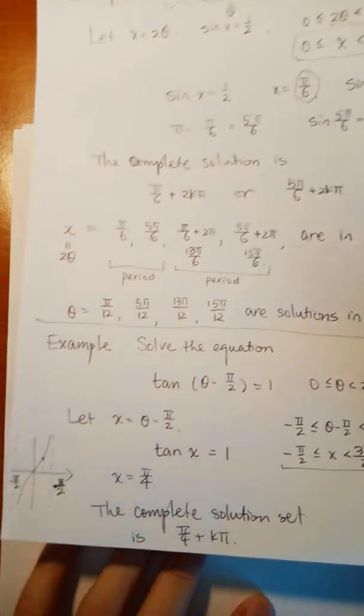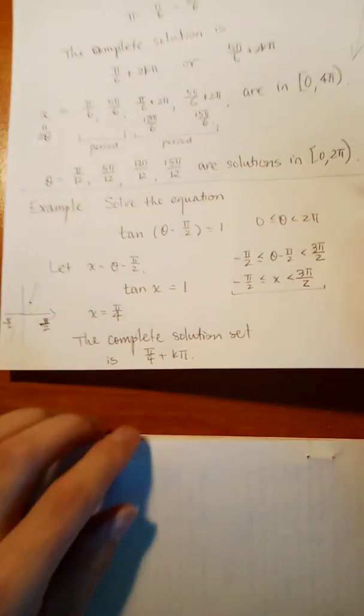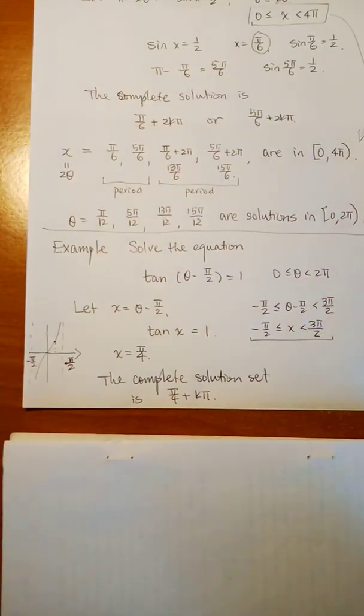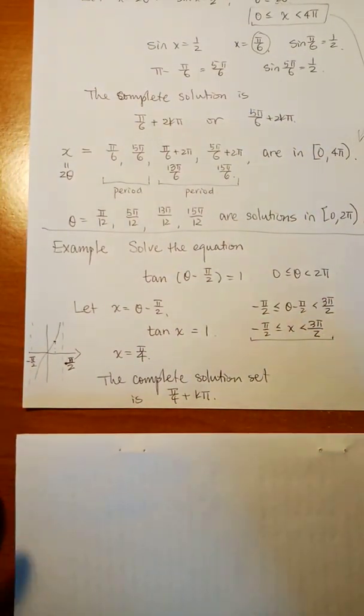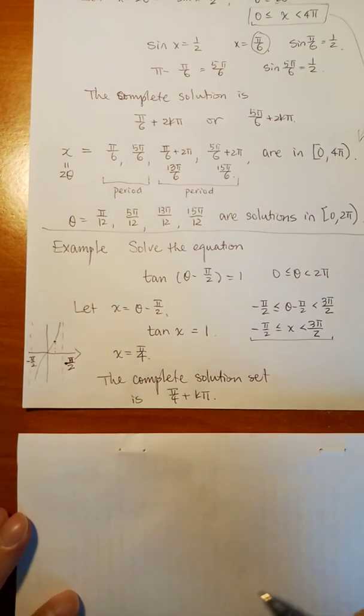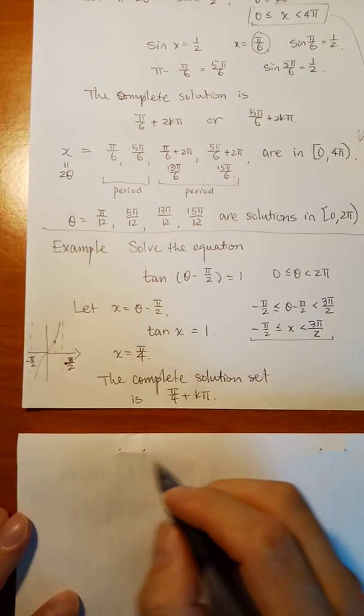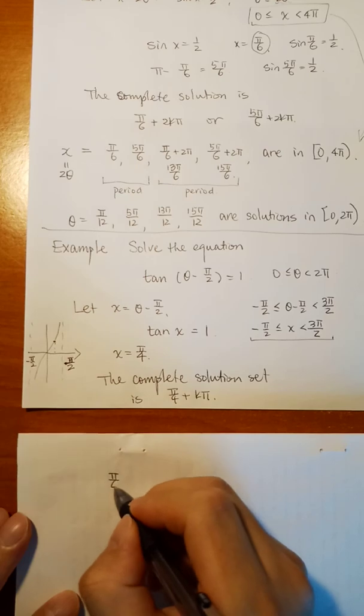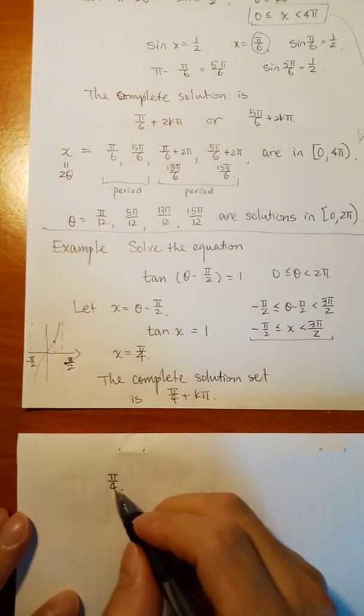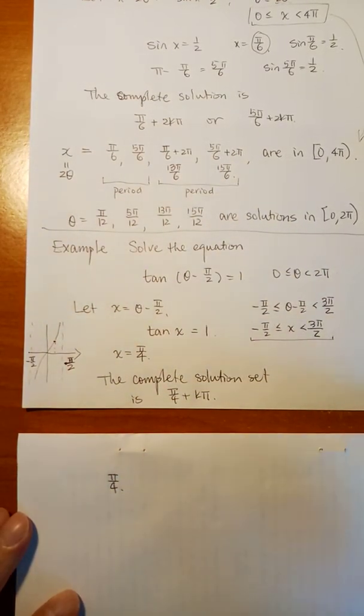Okay, now we have our domain between negative pi over 2 and 3 pi over 2. So we'll have pi over 4. Pi over 4 is inside. Pi over 4 plus pi, you go to right, you go to left.